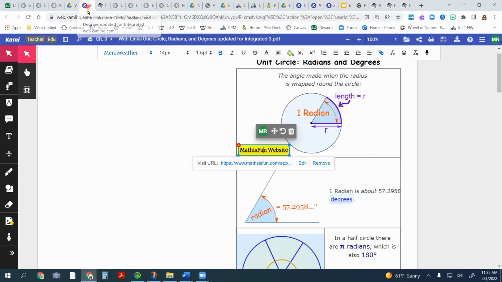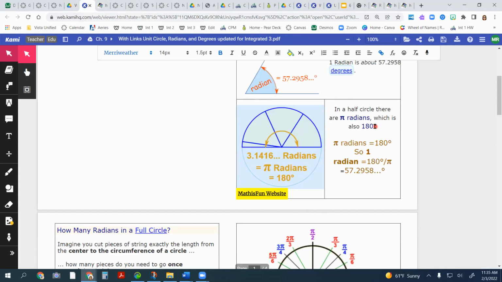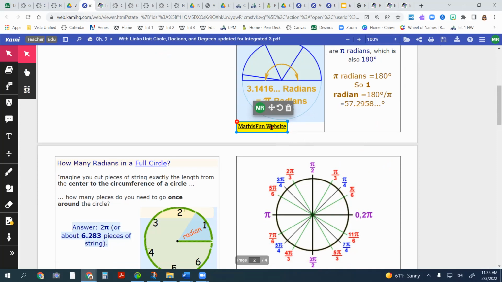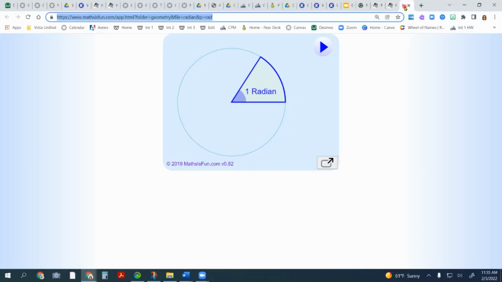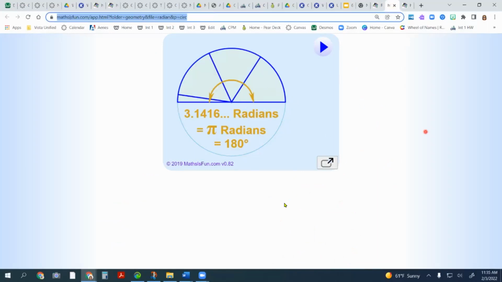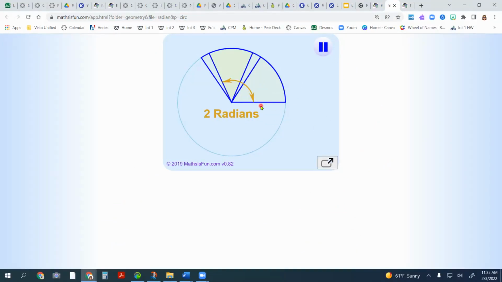So if I go back to our worksheet, you see here that if I was to calculate 1 radian, it's about 57-ish degrees. That's what it's equal to, okay? Now here, if I click here, that was 1 radian, 2 radians, 3 and a bit.